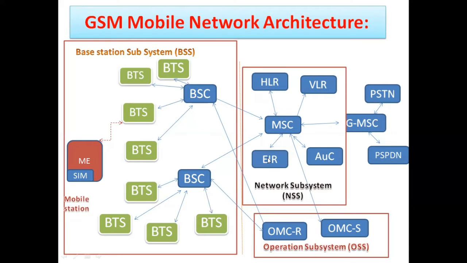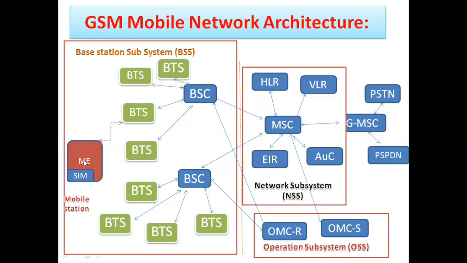The first one is the EIR, equipment identity register. As you could see here, the mobile station consists of mobile equipment as well as SIM. Each mobile equipment, the user equipment, is uniquely identified in the network by a unique number called the IMEI, International Mobile Equipment Identity.